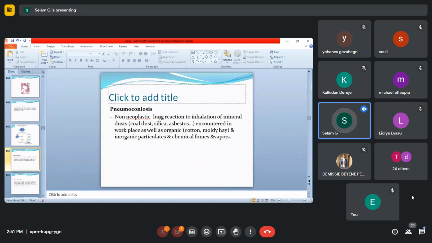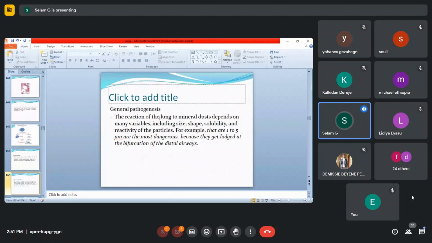So mineral dust is encountered in workplaces, as well as organic dusts like cotton and mold, and inorganic particulates and chemical fumes and vapors may cause what we call pneumoconiosis. Generally, the reaction of the lung to mineral dust depends on many variables, including the size, the shape, the solubility, and reactivity of the particle.